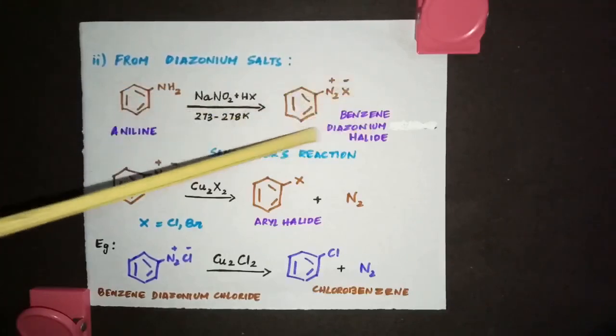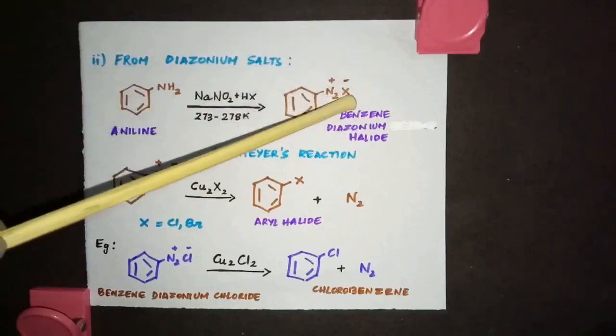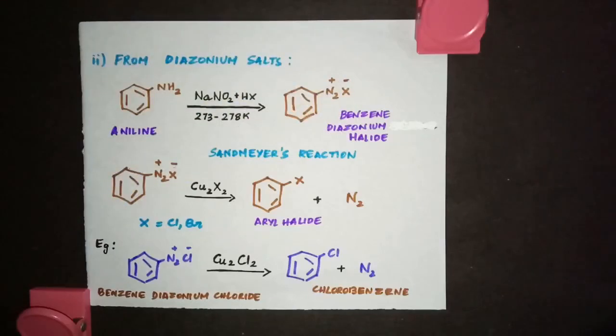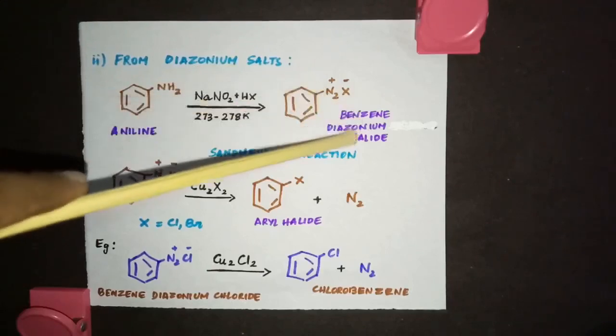So we call this benzene diazonium halide because this is X. If it is Cl, we call this benzene diazonium chloride, or if it is bromine, we call that benzene diazonium bromide. You will be learning about all this nomenclature and the preparation methods in detail in the lesson on amines. But for now, you just understand you're taking aniline and treating it with this reagent at this experimental condition to prepare benzene diazonium halide.